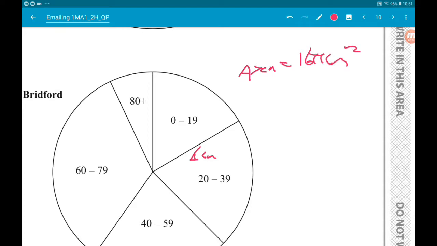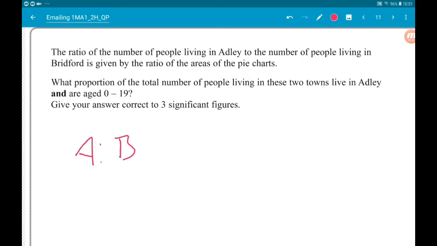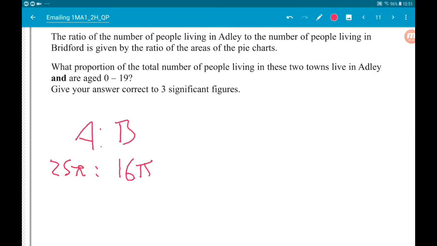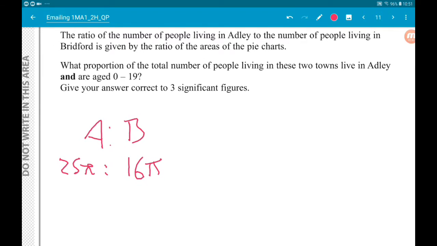So we now know the ratio of their areas is 25 pi to 16 pi. Now we can cancel out the common factor of pi and just write it as 25 to 16.